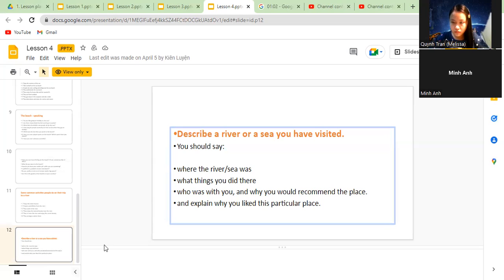In my opinion, that's a beautiful river. I always have a ride, or I can go to the river and relax myself.